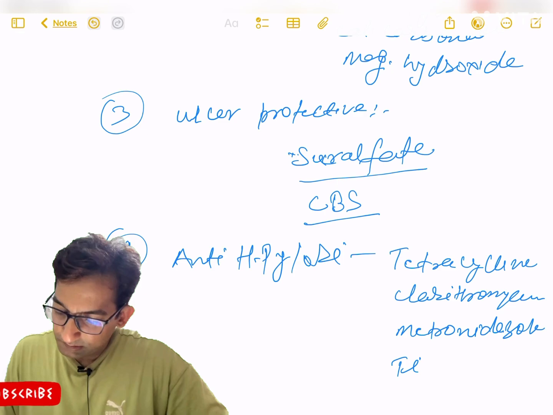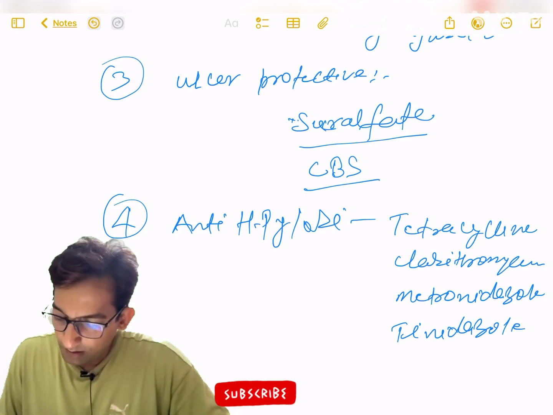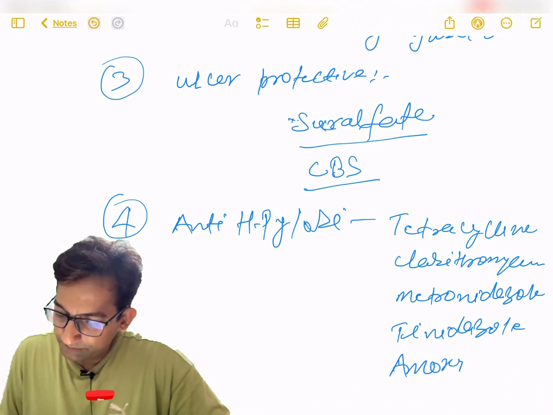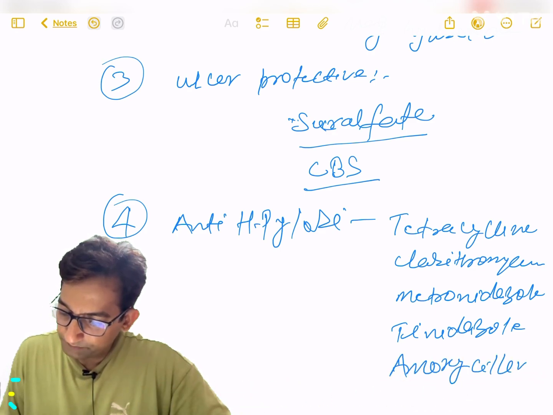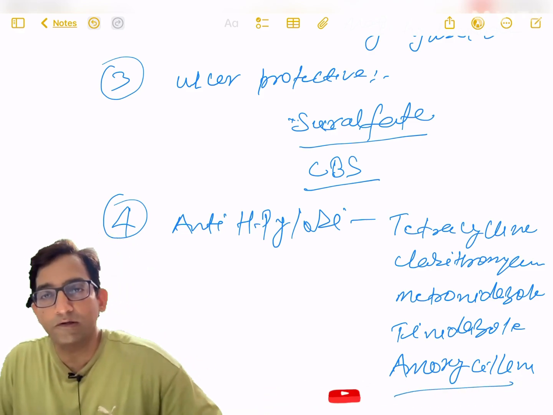Tinidazole we also use, and most important, amoxicillin. These all are examples of anti-H. pylori drugs.